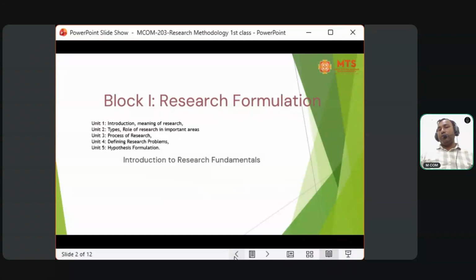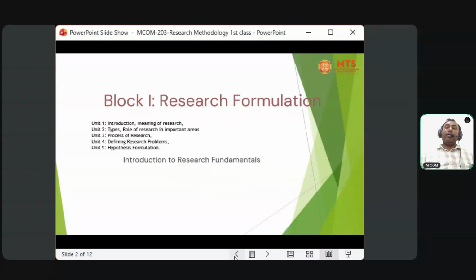we have learned today what is research and what is research methodology, types of research, role of research in important areas, process of research, how we can do the research, and defining the research problem, how we take a research gap, how can we select the research gap, research problem, and how can we formulate the hypothesis for the research.